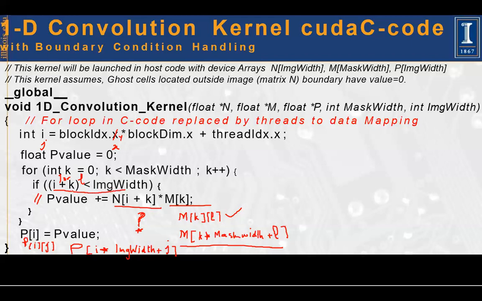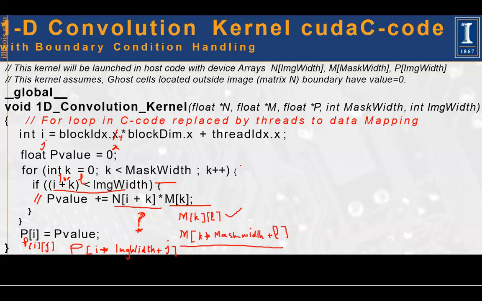I plus k should be less than image width, and j plus L should be less than image width. So this thing will also get extended. You have a complete code for 2D convolution.